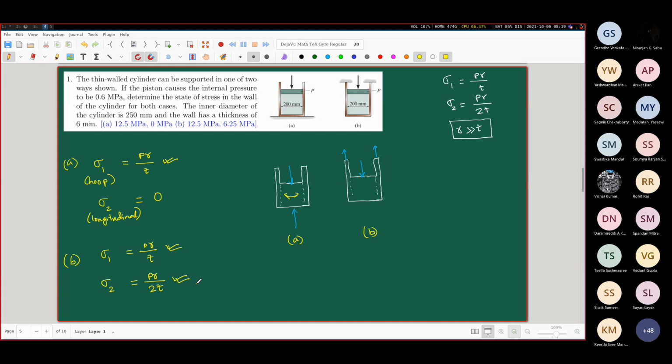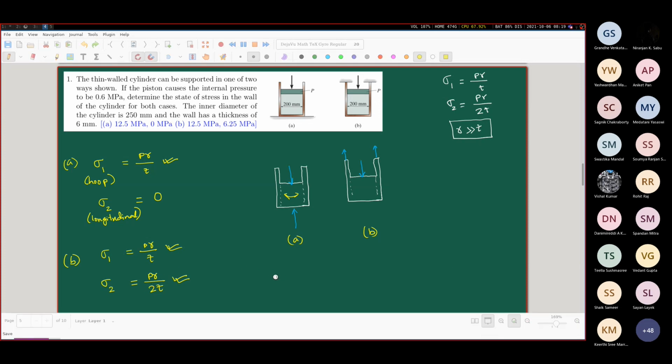So whenever you encounter a pressure vessel like scenario, don't just blindly put down the values in these two stresses to obtain the answer. Just pause for a couple of seconds to see what the situation is demanding of you. That is the lesson, that is the moral of this question.